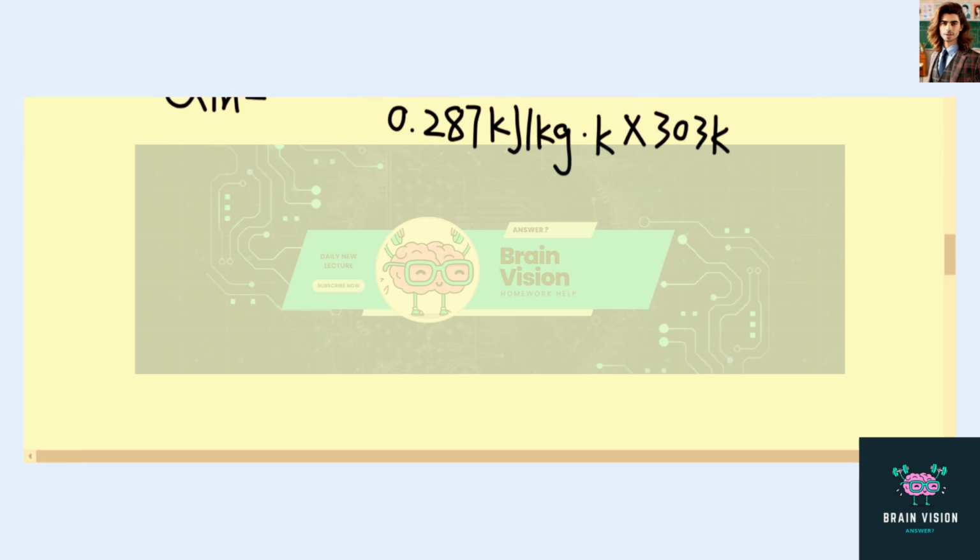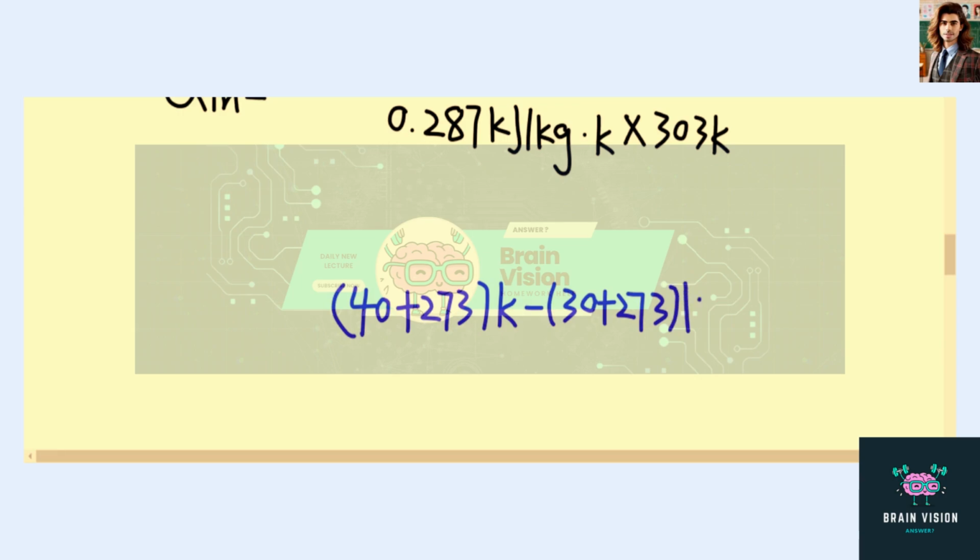So if we convert the temperature into Kelvin, we have 40 plus 273 Kelvin minus 30 plus 273 Kelvin, and this is also equal to 10, but with the unit Kelvin.